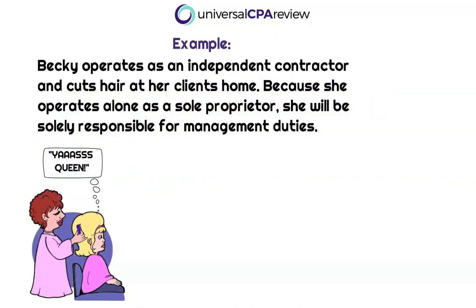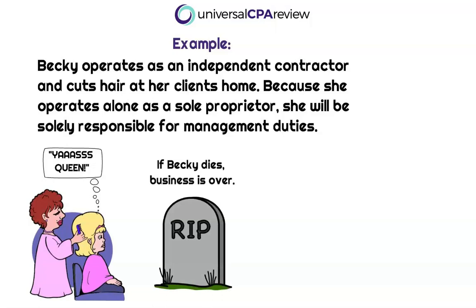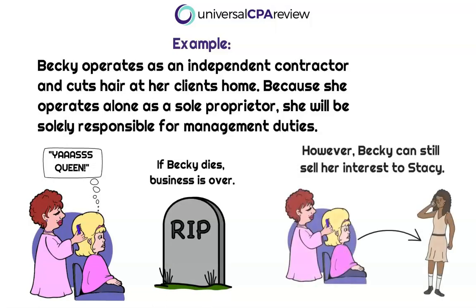Let's say she goes over to their houses and she always does a great job, right? Everybody's like, "Yas, queen." Becky gets paid in cash and there's no formal filing. This is Becky running this sort of informal business operation. But keep in mind, if Becky dies, this business will no longer exist. But if she decides for whatever reason to sell off her book of clients to Stacy, then she could transfer her interest. But at the end of the day, when it comes to the management of this business, sole proprietors can manage this business by themselves.